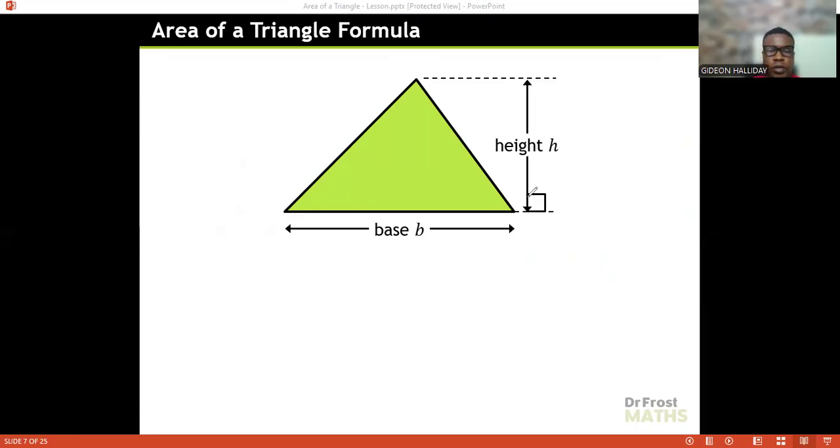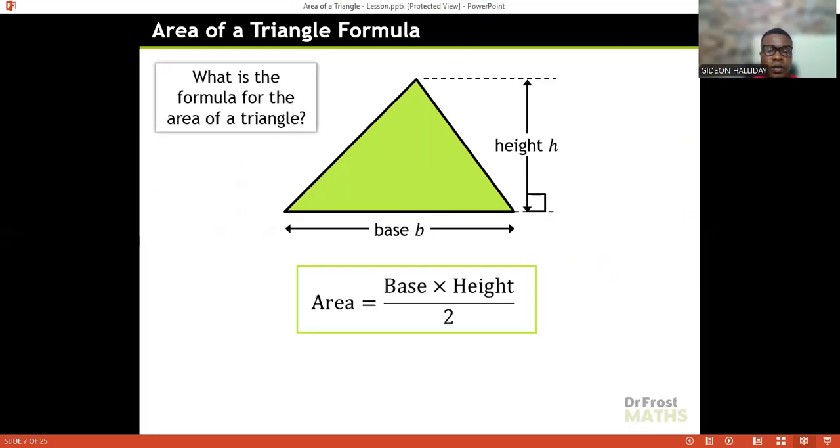Just like we saw for the parallelogram, the height and the base multiplied to get the parallelogram, but half of it will be for the triangle. So we now have that the base times height divided by 2. That's simple. So B times H over 2. Lemon squeezy, right? Easy peasy.